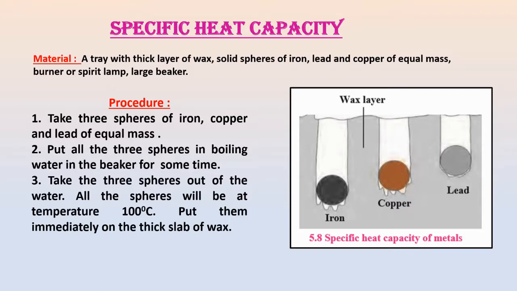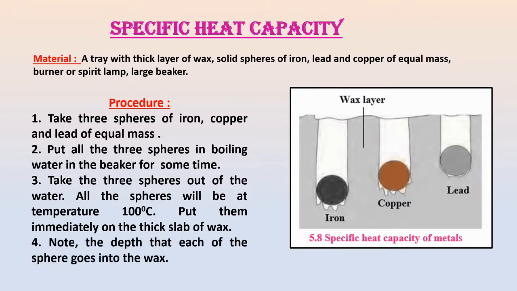All the spheres will be at a temperature of 100 degrees Celsius. Put them immediately on the thick slab of wax, and note down the depth that each sphere goes into the wax. So this is the procedure of the experiment.